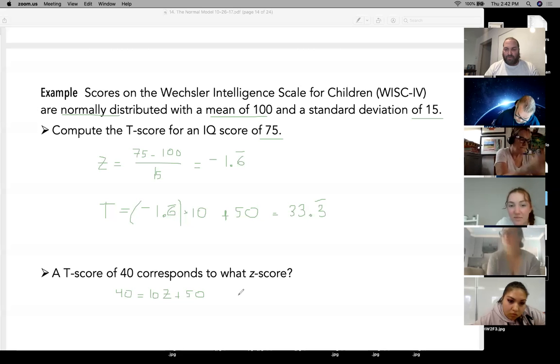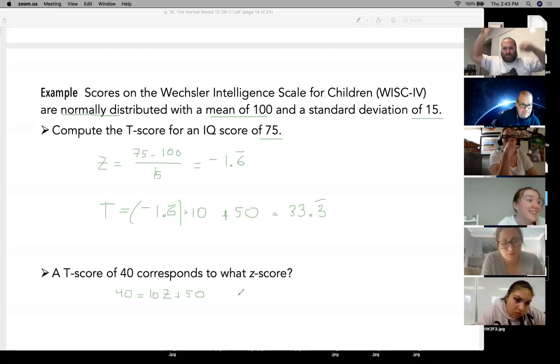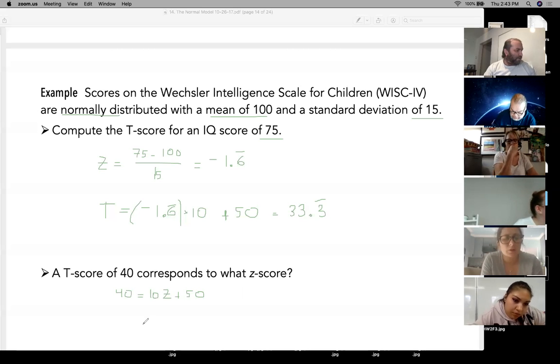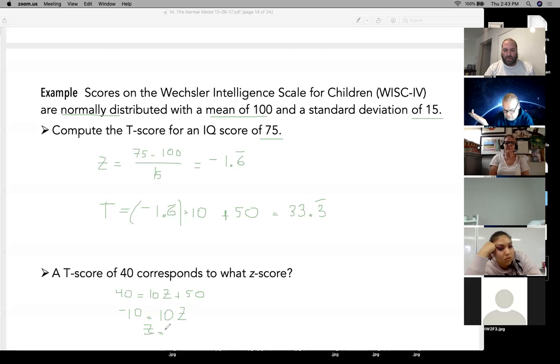That is the formula for t. So 10 times z plus 50 is 40. Subtract 50 from both sides. What do you get? Negative 10 equals 10z. Divide both sides by 10, and you get negative 1.